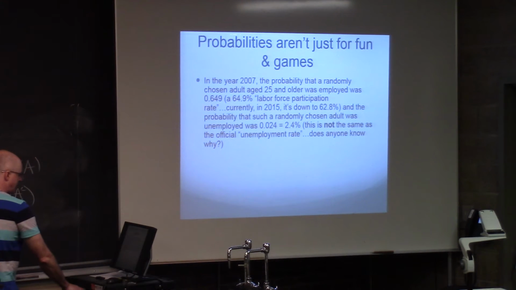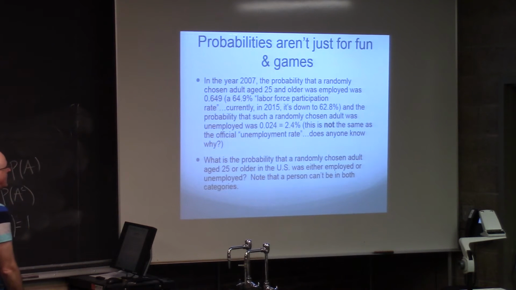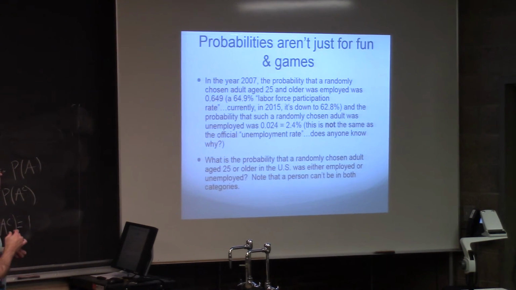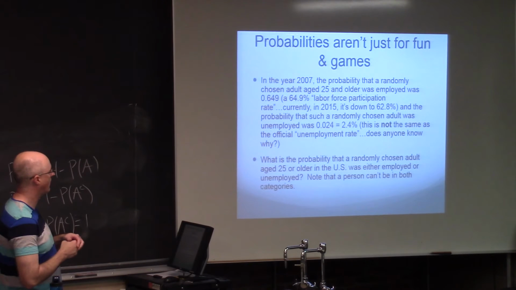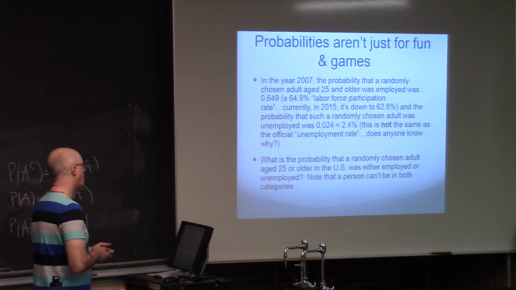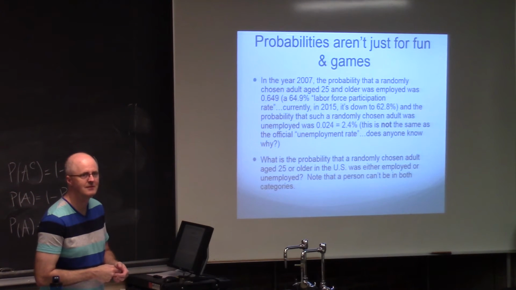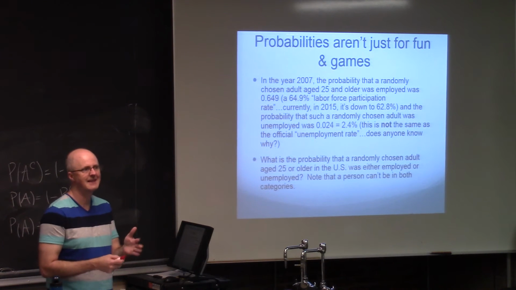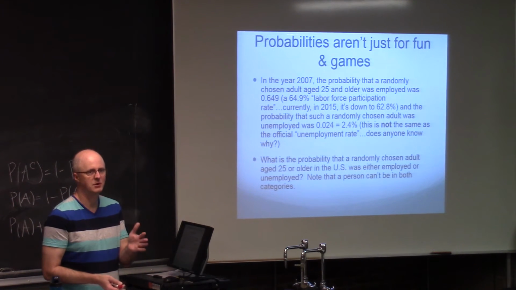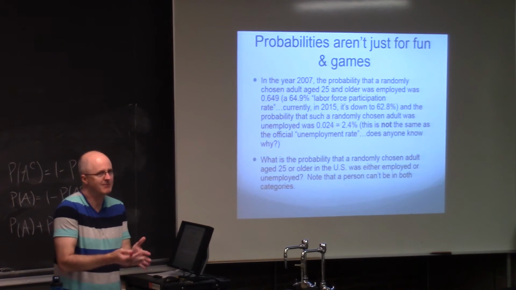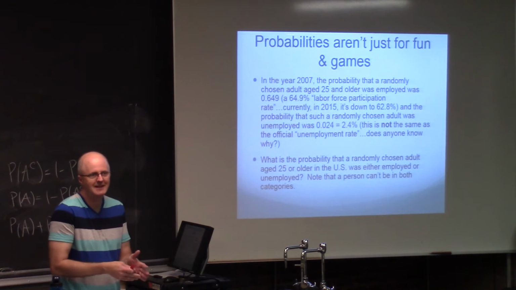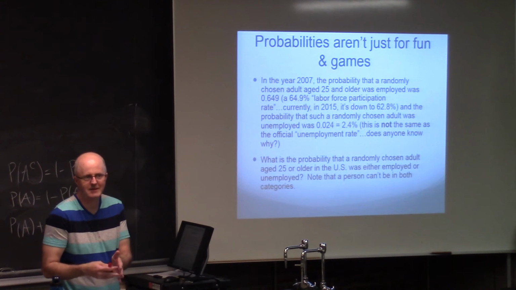We can ask questions like these. What is the probability that a randomly chosen adult aged 25 or older was either employed or unemployed? No, a person can't be both. At least we say they can't. By definition, you're employed if you've got a job and you're working a certain minimum number of hours. If somebody works maybe just 2 or 3 hours a week, maybe that doesn't count, and they get counted as unemployed.